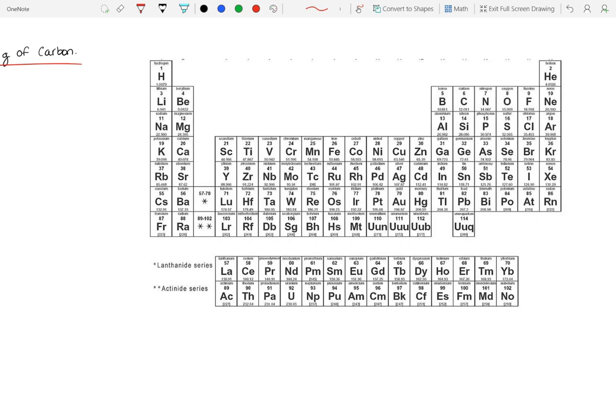However, an entire mole of carbon weighs this much amount of grams. Alright? So it's kind of confusing, but this 6 right here, the atomic number, pertains to only 1 atom, while the mass right here pertains to an entire mole of that element.